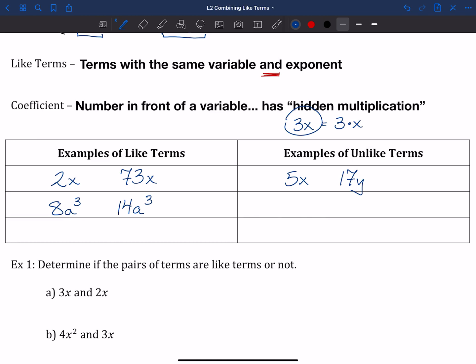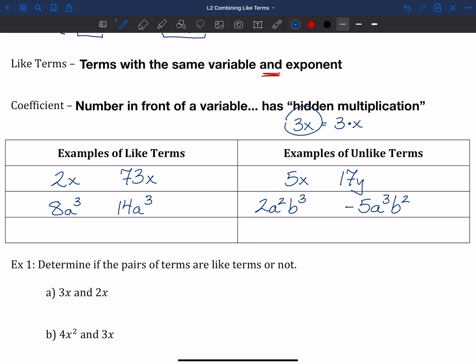But that might not work out so well. Let's say that I had 2a squared b to the third and negative 5 a to the third b squared. This one can get a little tricky. The 2 and the negative 5 don't even matter when we're talking about like terms.